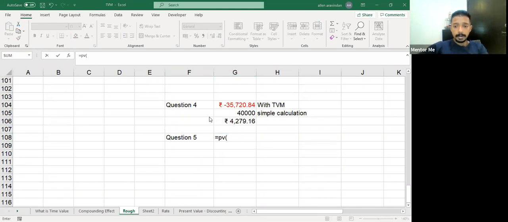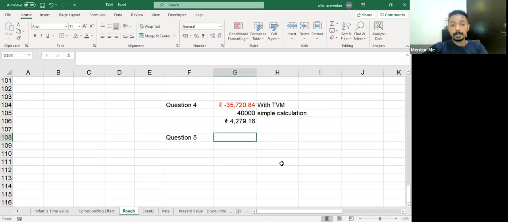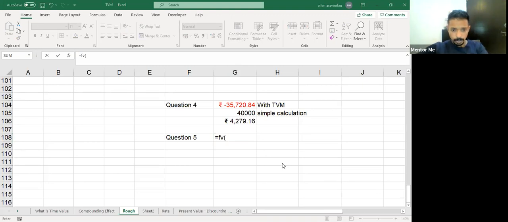and let's look at the rate. So rate is 6% interest compounded semi-annually. So that means the rate is going to be 3%, right? The N per is going to be 5 into 2 because semi-annually, so 2 times. So that means 10 compounding periods. PMT is 0.